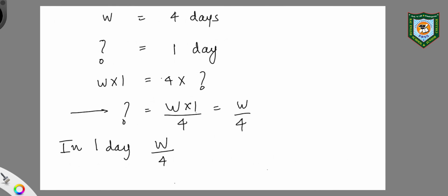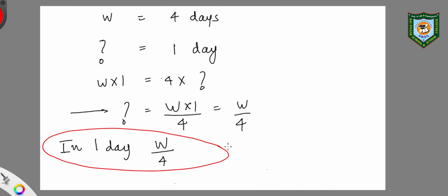Now remember, when we got this particular value, W divided by 4, both of them are working together. That means the work rate for 1 day of Nishu will be added to the work rate of 1 day for Pintu, and that is going to be the total work completed in 1 day.